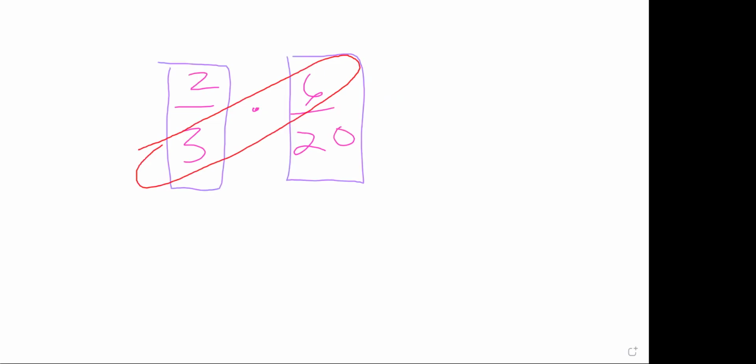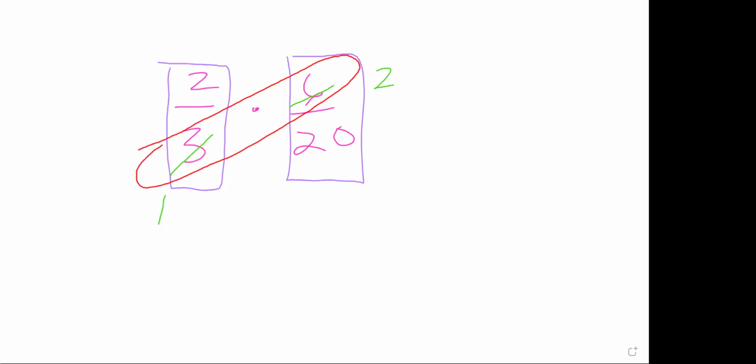Like with this problem, I could decide to go diagonally with 3 and 6. I can see that 3 and 6 will work by dividing both of them by 3. 3 divides into 3 one time, and 3 divides into 6 two times. So this time I did the diagonal first.